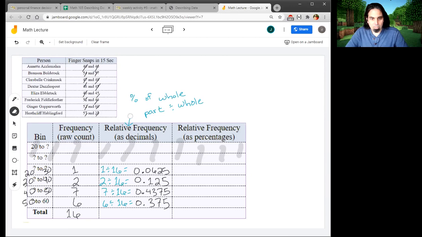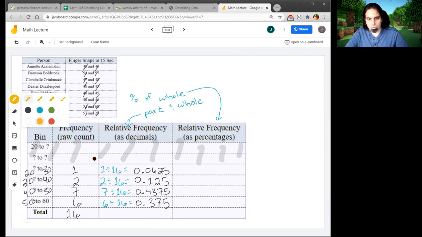Let me fix my arrows. So this was the part divided by whole, and as a percent, we want to write it over there. So we're just scooting our decimals twice, right into percent. Oops, that's not right.